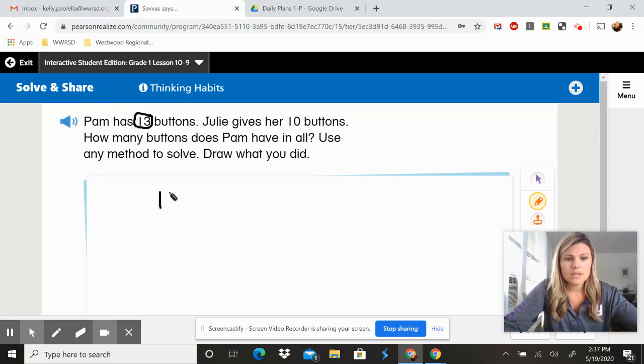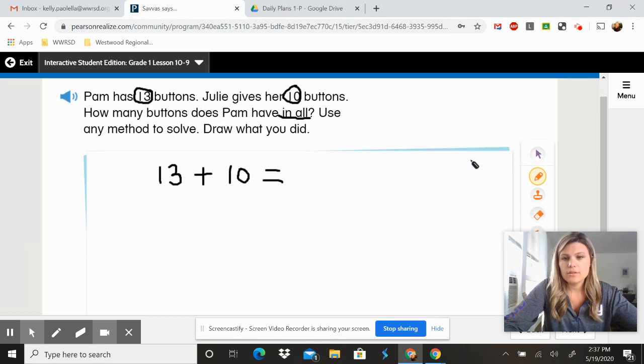I'm going to write that down here, 13. Julie gives her 10 buttons, 10. Okay, how many buttons does Pam have in all? Remember, those are key words. In all tells us that we are adding.